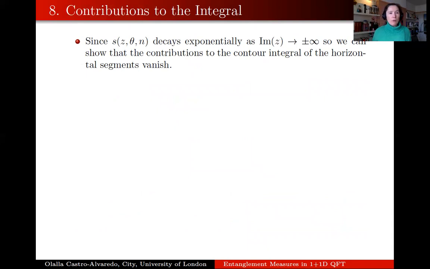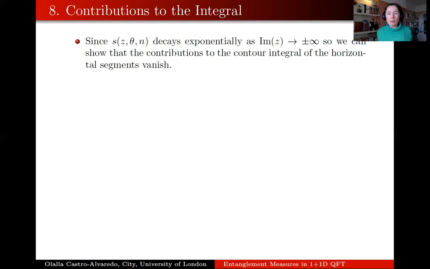The first thing is that if you look at the contributions of the horizontal segments of this contour, it turns out that you can argue that this function s decays exponentially when the imaginary part of z goes to plus or minus infinity. And that can be used as a reason to show that the horizontal segments should not contribute.